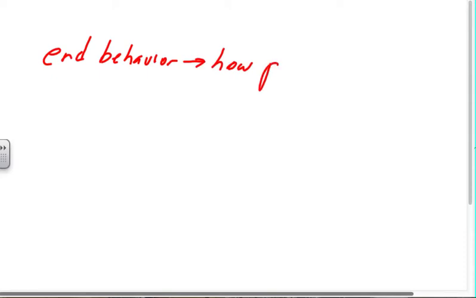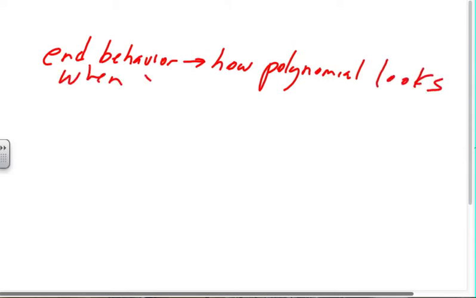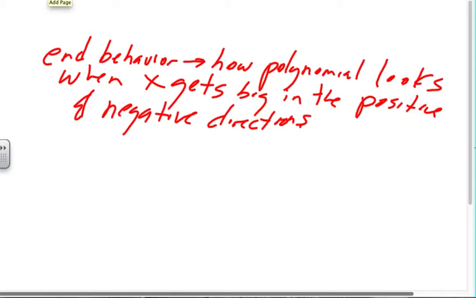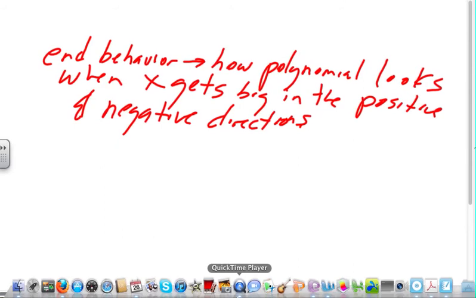Okay, so end behavior, we talked about this a little bit in the last one. It's how the polynomial looks when x gets big in the positive and negative directions. Okay, so let's take a look at a couple of polynomials.